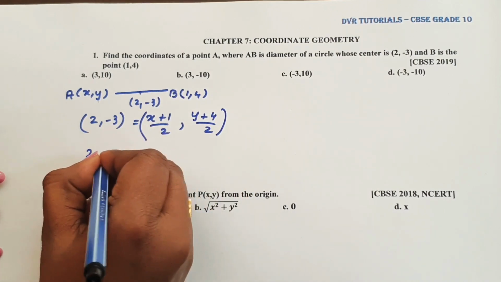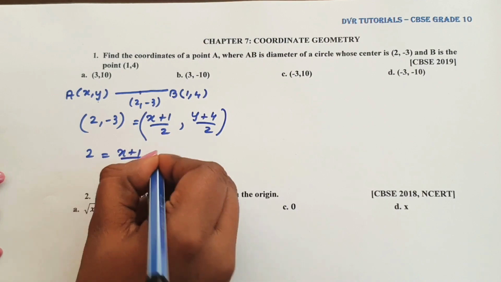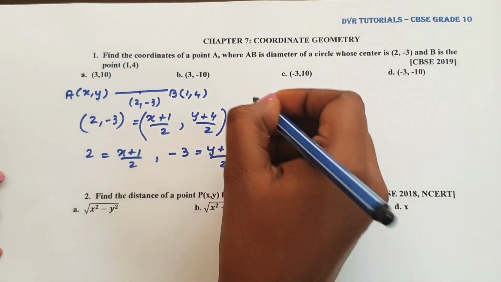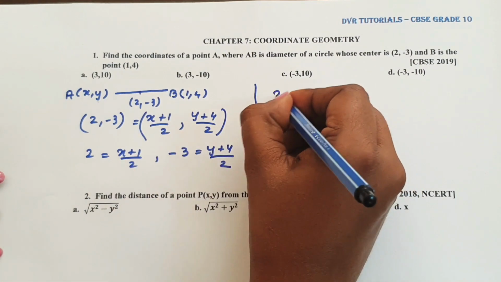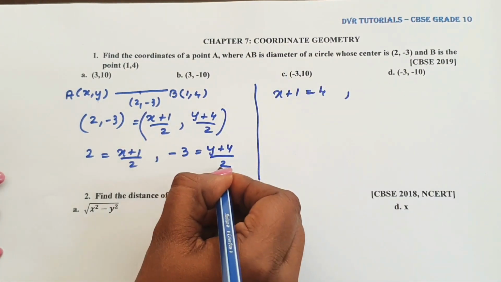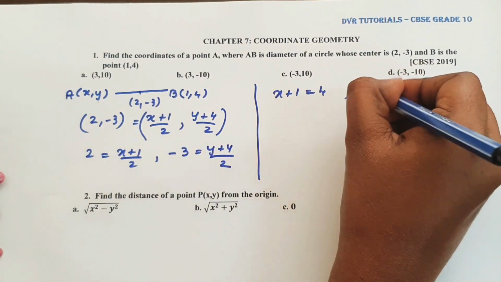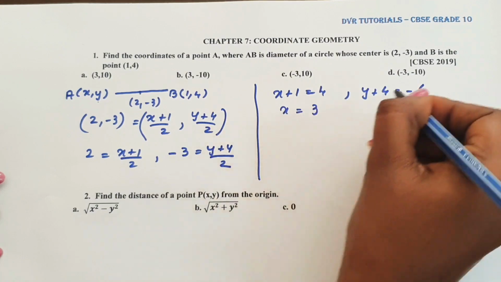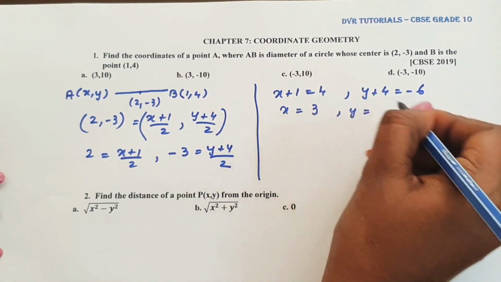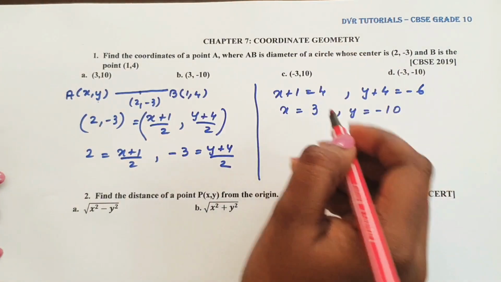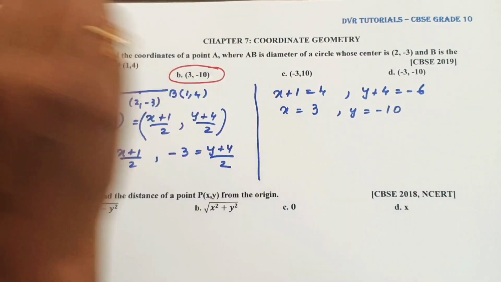So 2 is equal to x plus 1 by 2 and minus 3 is equal to y plus 4 by 2. So from this we can say x plus 1 is equal to 4, and y plus 4 is equal to minus 6. So x is equal to 3 and y is equal to minus 6 minus 4, which is minus 10. So what is our option? (3, -10). This is our answer.